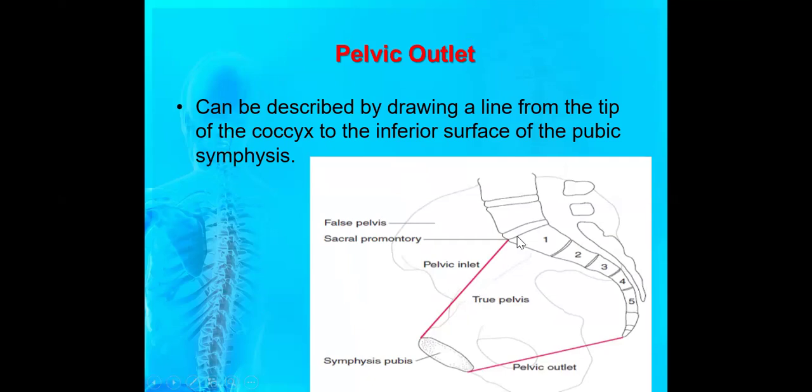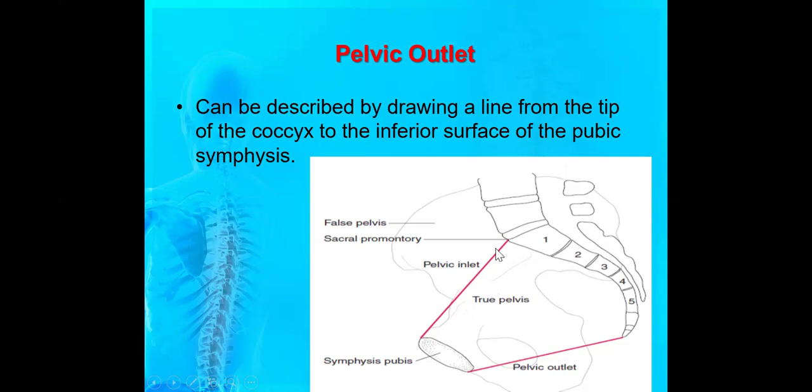When there is anterior flexion or nutation, the length of the pelvic inlet shortens because it moves closer toward the symphysis pubis. On the other hand, the pelvic outlet increases because there will be posterior movement. So the more posterior it goes, the larger this line will be. So the pelvic outlet increases during nutation and the pelvic inlet decreases.